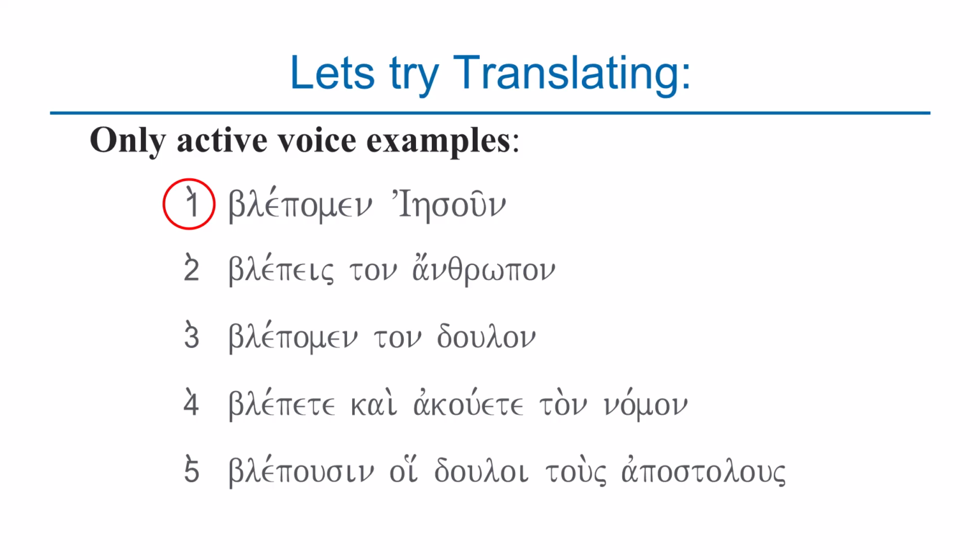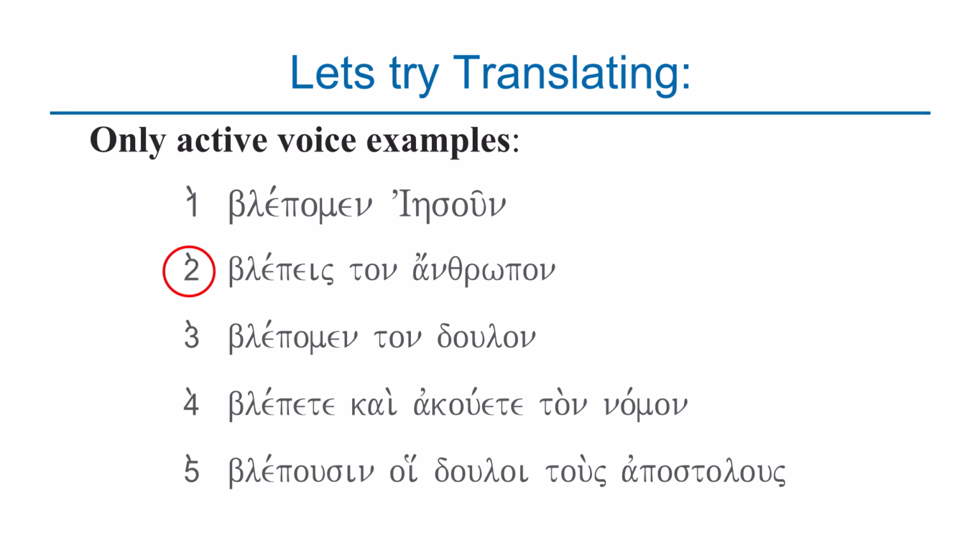Now Iesoun is Jesus Christ. So the translation of that sentence is, we are seeing Christ, or we see Christ. It's in the present tense. So you can tell that for you to translate a sentence, you need knowledge of the paradigm, both on the nouns and on the verbs.